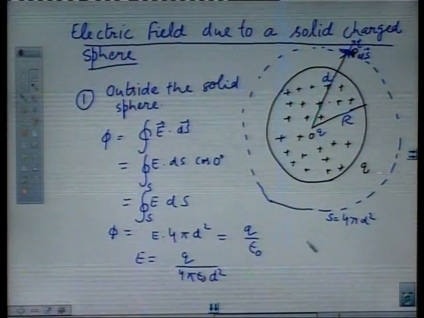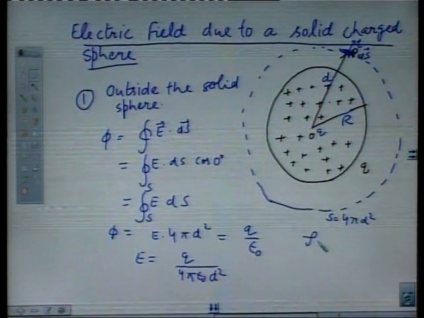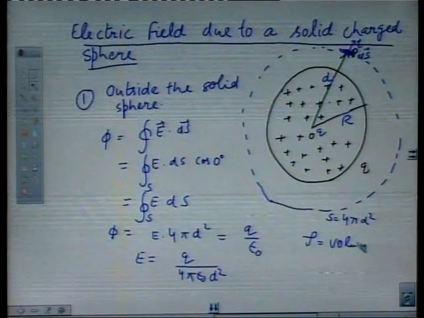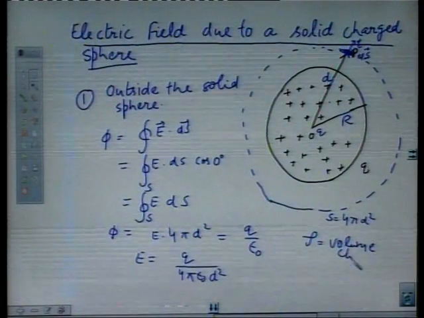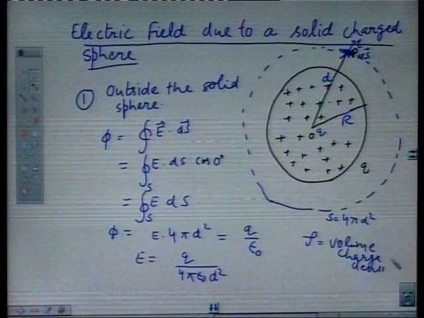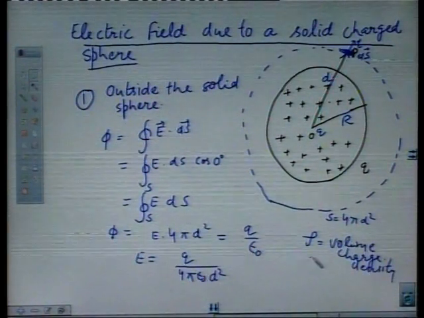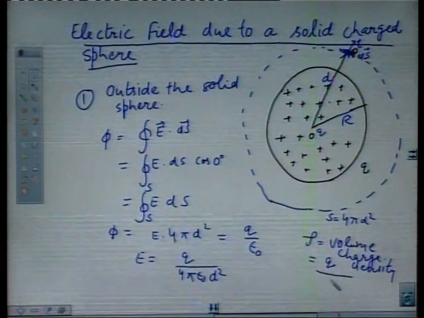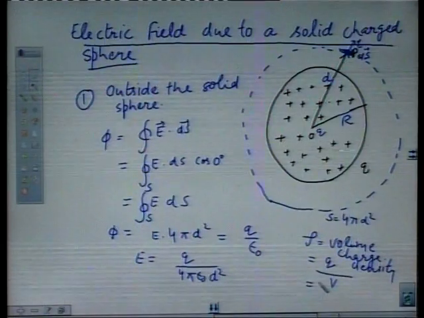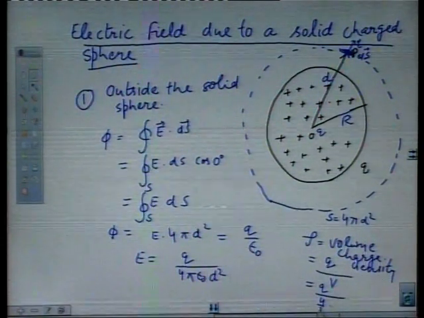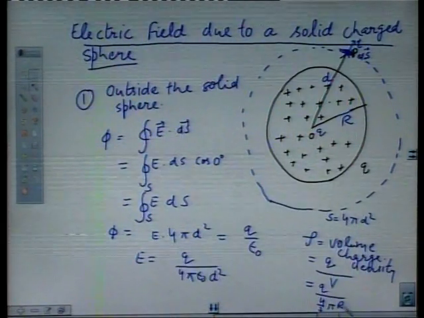In this case, we can take rho as volume charge density. The volume charge density is equal to q upon volume of the sphere V. This is equal to q upon 4 upon 3 pi into r cube.